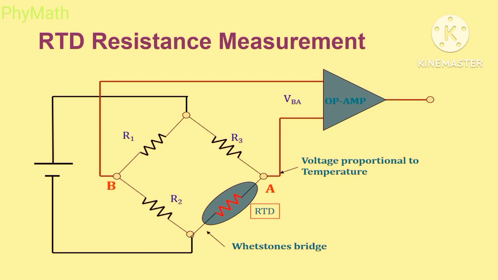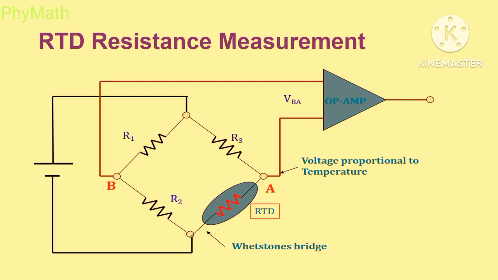In the Wheatstone bridge, an external power source is connected. It consists of a total of 3 resistances, R1, R2, R3, and the fourth resistance is the resistance of the RTD. The values of R1, R2, R3 are the same, but the value of the resistance temperature detector or RTD will change.